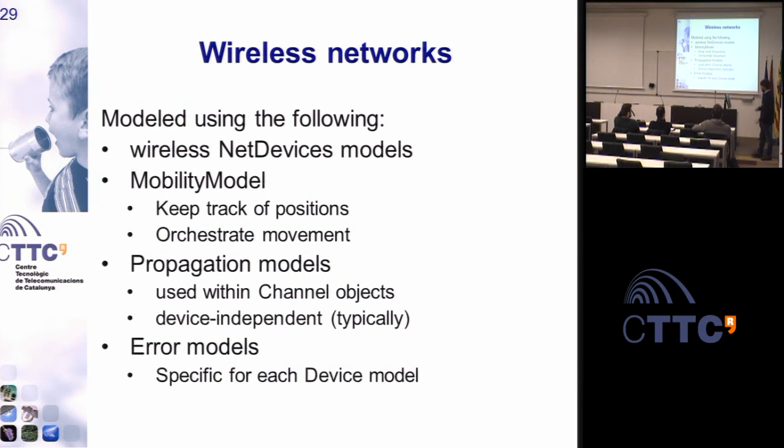And then there are normally error models that allow you to model the fact that when you transmit over a wireless channel, often the transmission is not successful. The actual error model is specific to every type of wireless technology. Wi-Fi actually has two different models that you can choose. LTE has other models, like the one we developed for the LENA project. WiMAX has a completely different model, and so on.